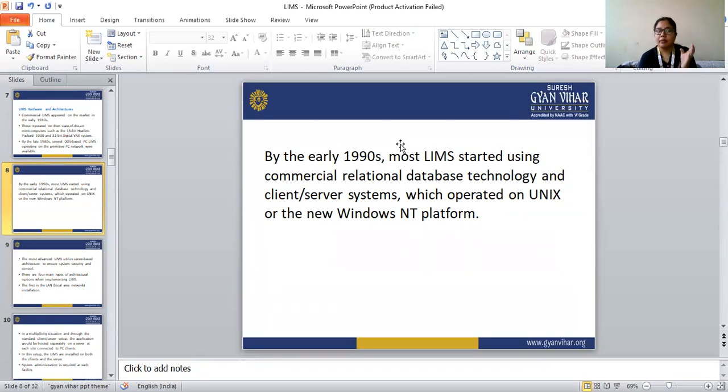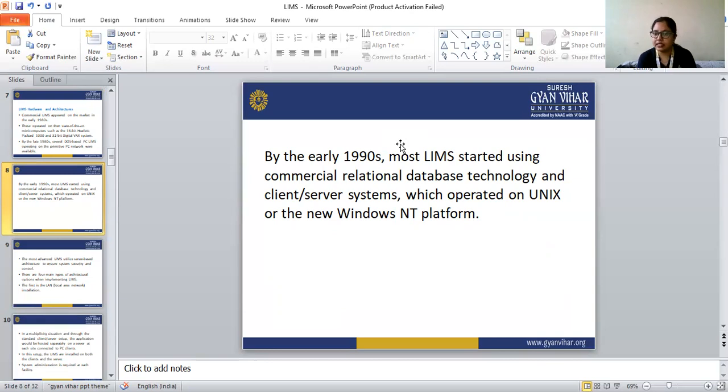By the late 1980s, lots of PCs were available with several operating systems, and LIMS were operated through those DOS PCs.